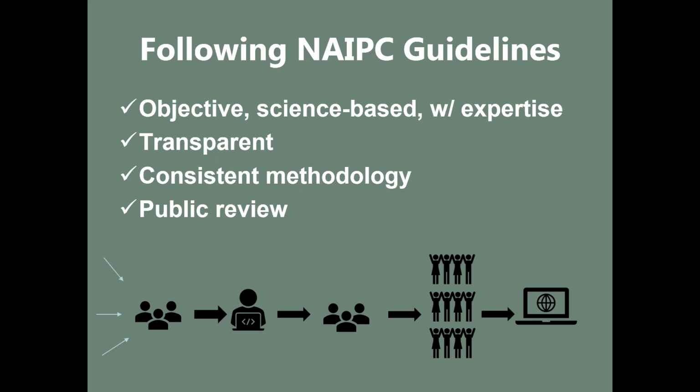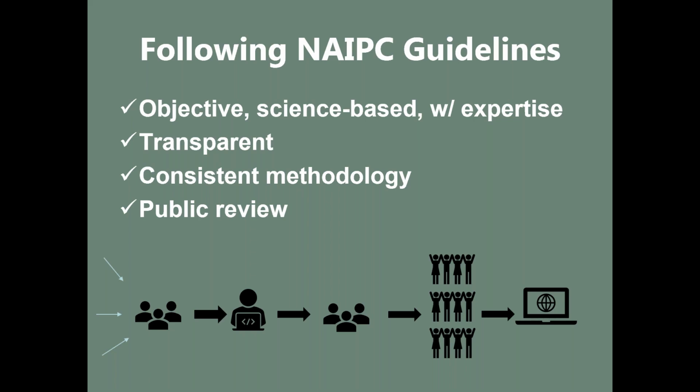We have a consistent methodology, as I mentioned, since 2006. We have been working to maintain the same kind of questionnaire. Over time, of course, there are things that would be interesting to incorporate, but we keep our questions quite constant.